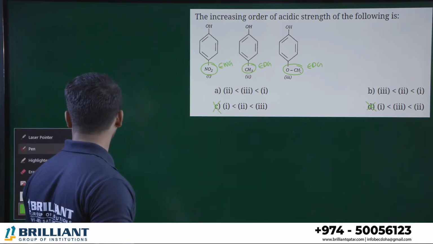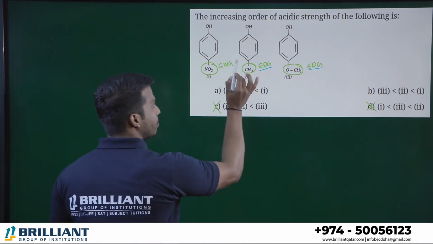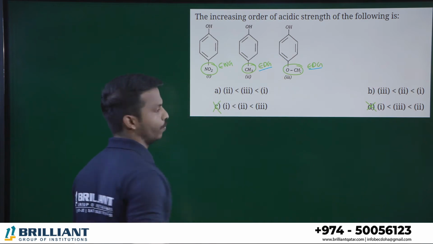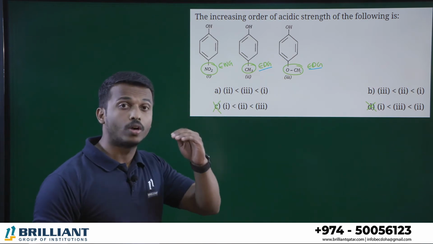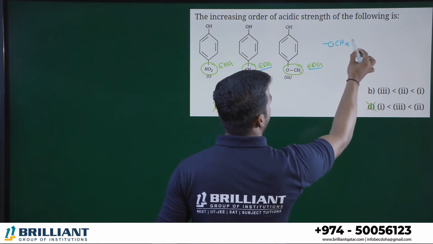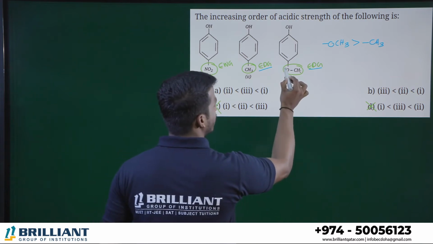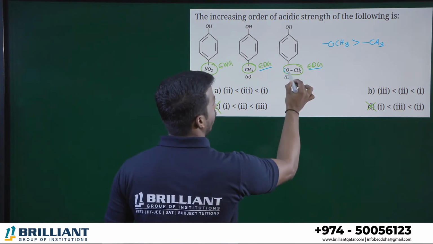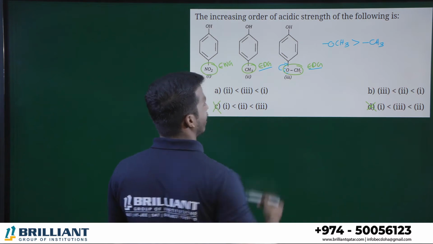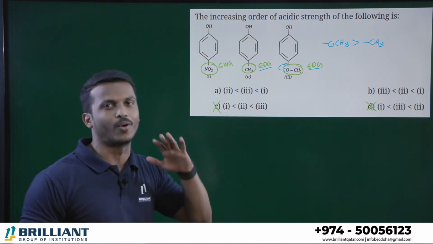The confusion is that both are electron donating groups, one methyl and one methoxy. Which is the stronger donating group? Methoxy is more donating than methyl, because oxygen contains a lone pair that it can donate. It is the best donating group, but CH3 is not like that; it is a weak donating group.